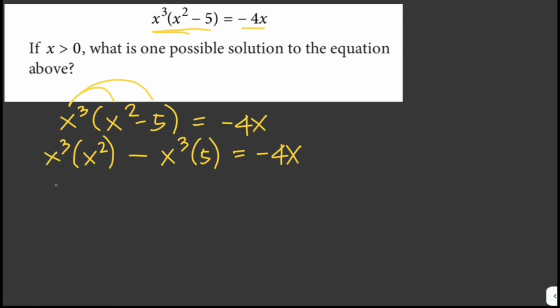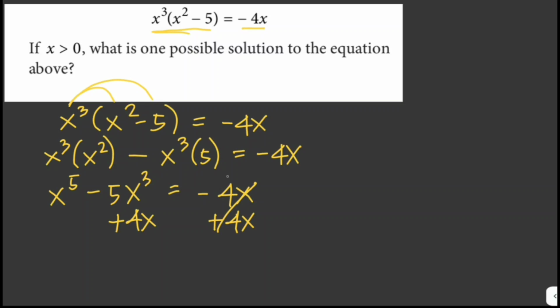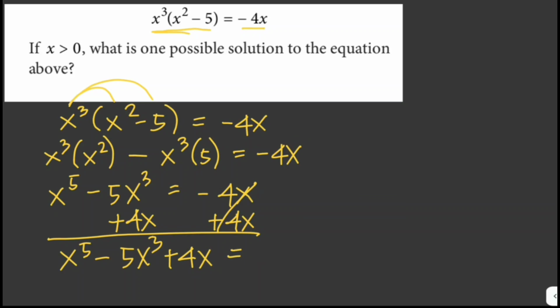Then we have x to the fifth minus 5x cubed equals negative 4x. Then we add 4x to both sides. This cancels out, and we have x to the fifth minus 5x cubed plus 4x equals 0.